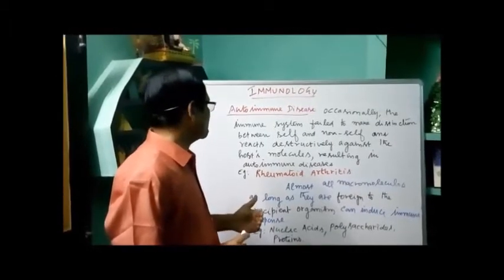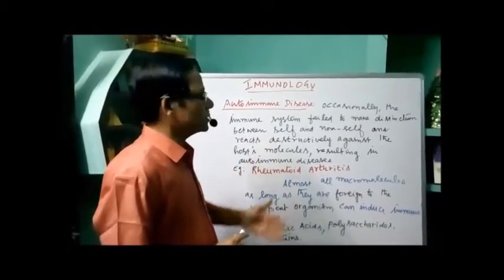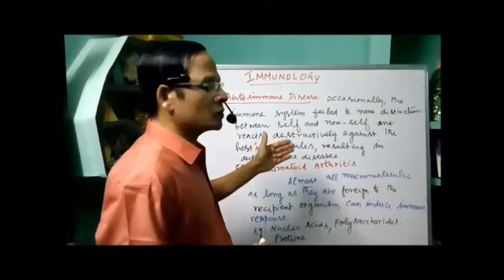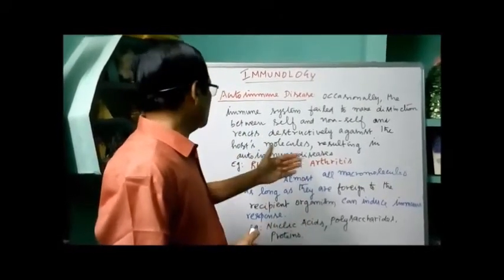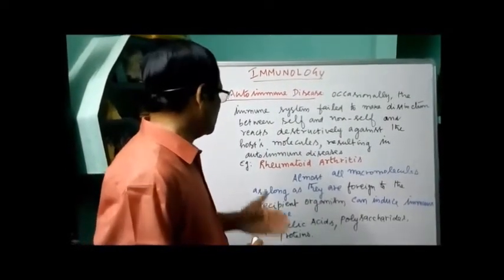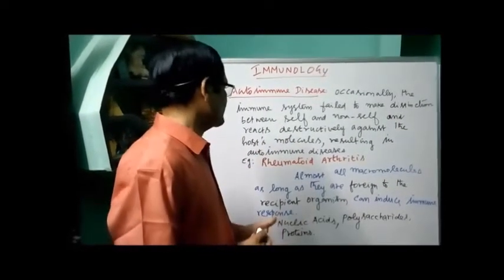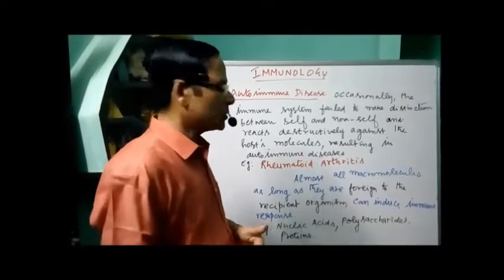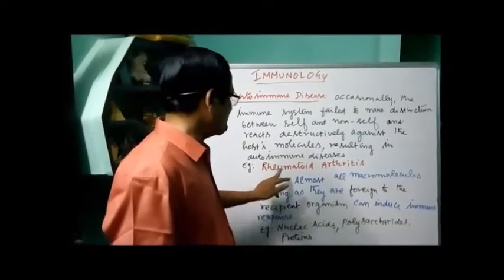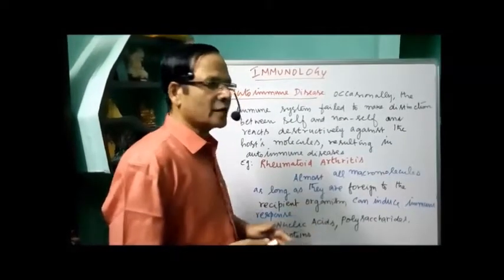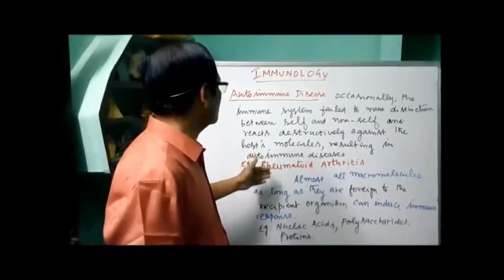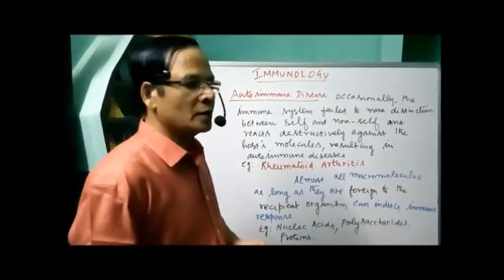As a result, it reacts destructively and dangerously against the host molecules and cells, resulting in a disease called autoimmune disease. We have a number of examples. I have given only one example, and will talk about more later if it is given in the book. Rheumatoid arthritis, a type of arthritis studied in 11th standard, is an example of autoimmune disease.